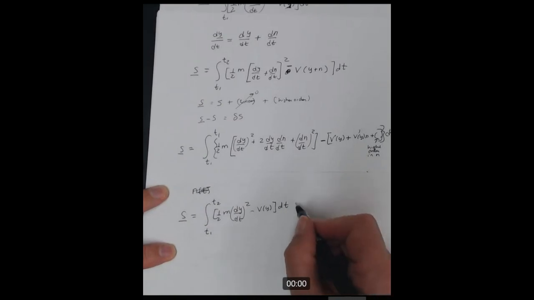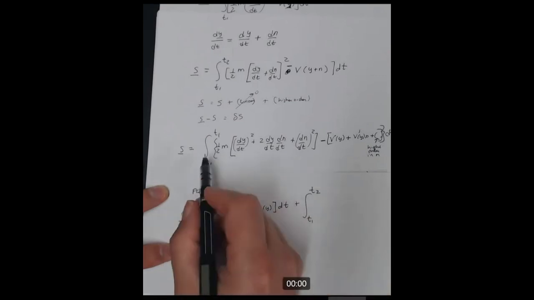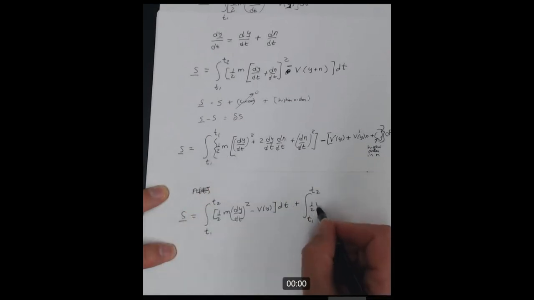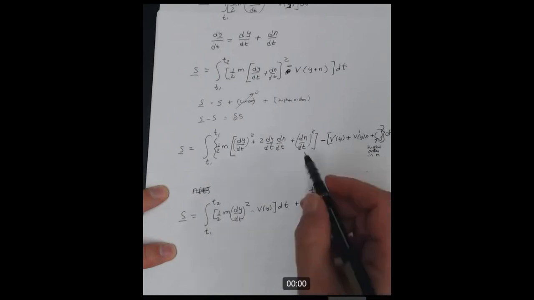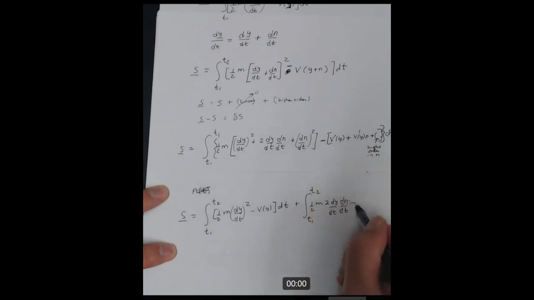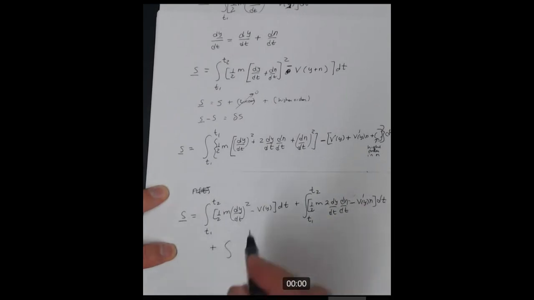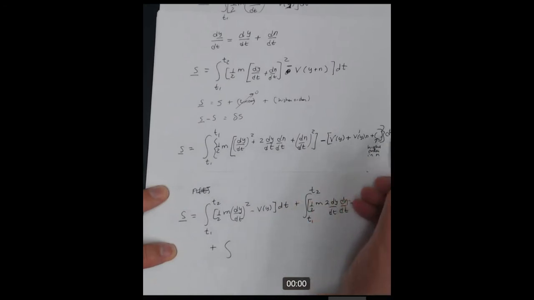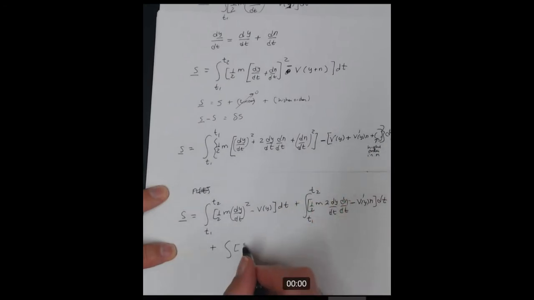I have plus the integral from T1 to T2 of 1/2 m times 2 (dy/dt)(dn/dt), minus V prime of y times n. So that's all the first order stuff. And then I have the rest, second order and higher.